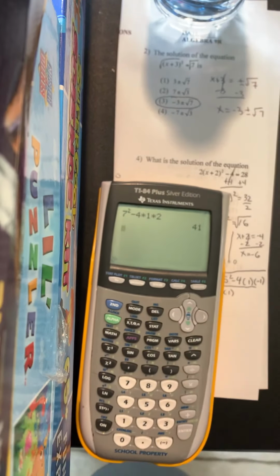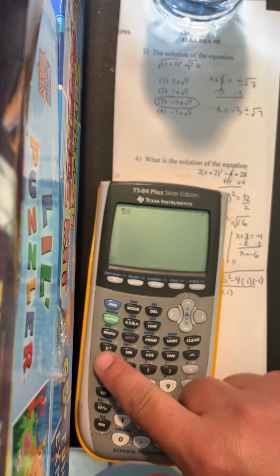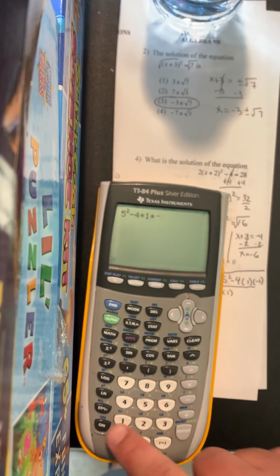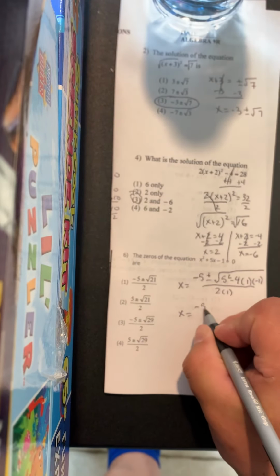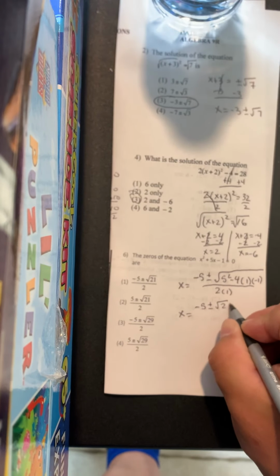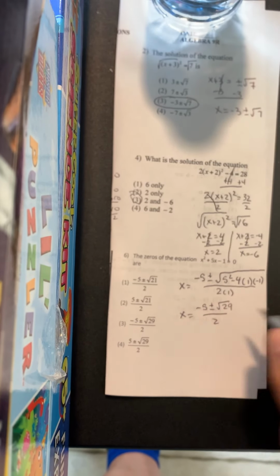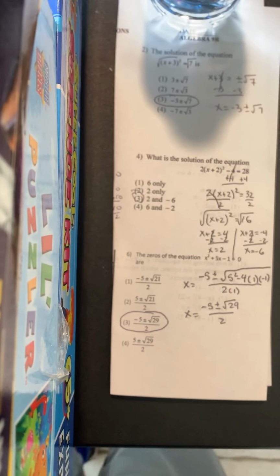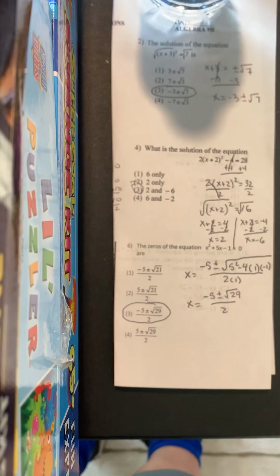Calculator. 5 squared minus 4 times 1 times negative 1 gives me 29. So I have negative 5 plus or minus the square root of 29, over 2 times 1, which is 2. Choice 3.